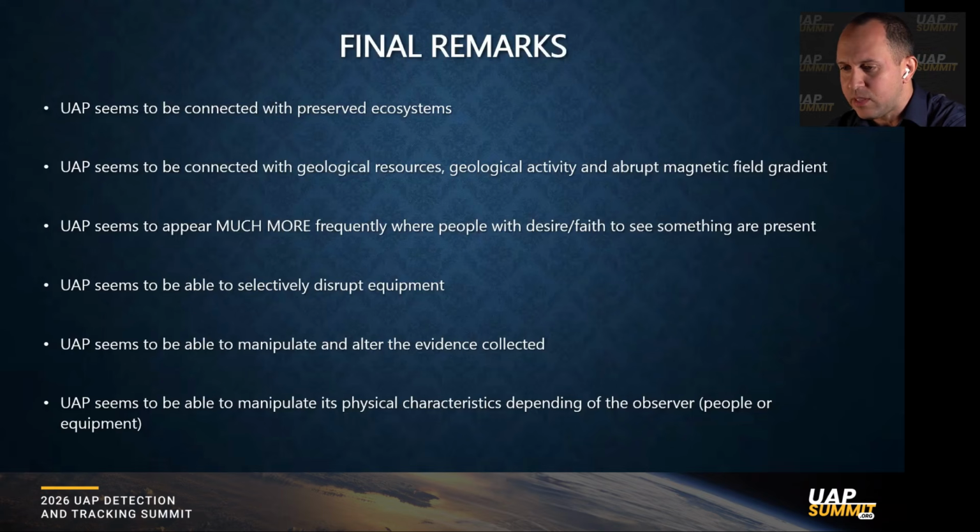And UAP seems to be able to manipulate its physical characteristics depending on the observer, observer equipment. It can appear in a physical way in the equipment, in another physical way to my eyes, in my mind. So it's something that can manipulate its own characteristics.